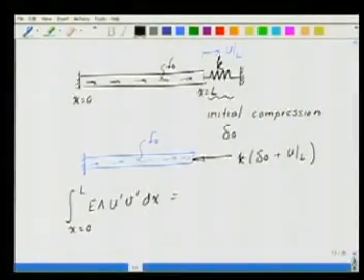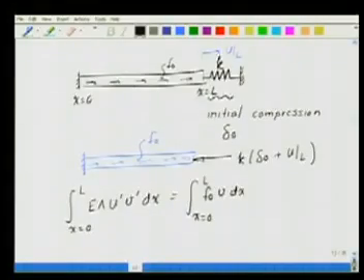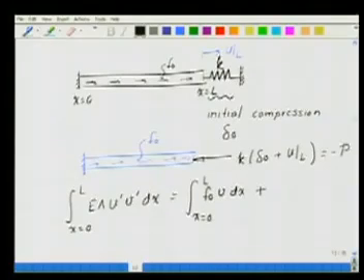So the weak form will be the integral from x equal to 0 to L of f naught v dx plus P, the applied external force at the end x equal to L, times v at the end x equal to L. Now what is this force equal to for us? If you remember, P was tensile earlier, now it is compressive, so it is minus P. So this plus actually becomes a minus.